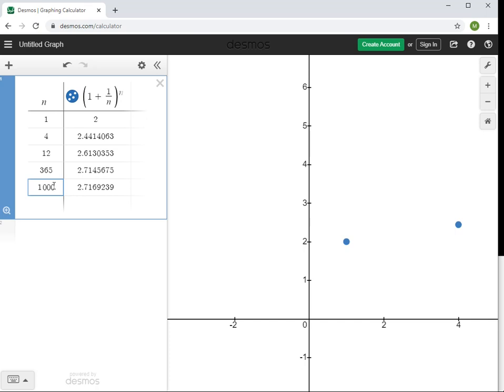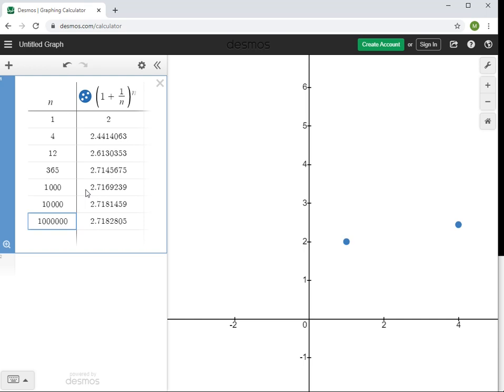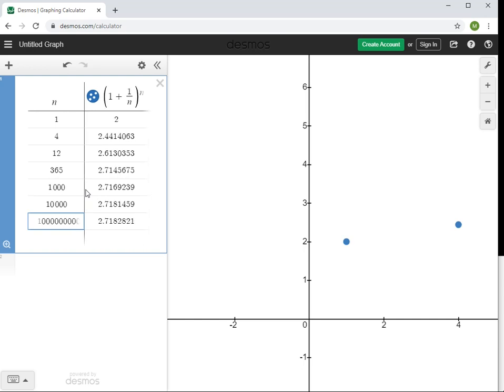You can see the additional amount I'm getting by making n larger seems to go down. I seem to cap off here. What about 10,000? Well, it doesn't seem to be moving as much. Definitely seems to be approaching some fixed value. It's about 2.71828, and so on and so forth.